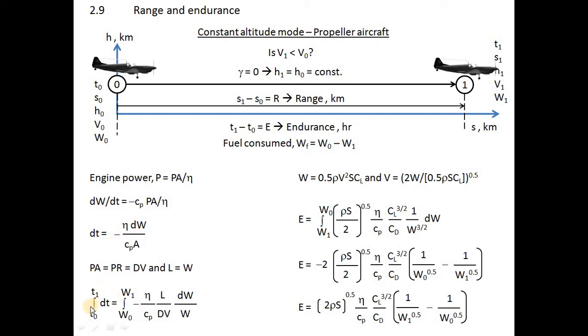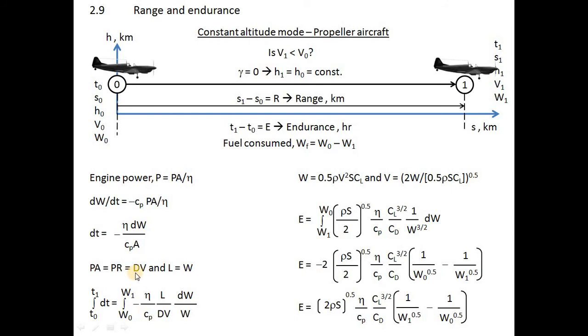Integration over time from T0 to T1 will become endurance. Now we know that the power available for constant altitude cruise will be equal to the power required, meaning we set the throttle so the power matches the required power, so that you can have a constant cruise speed.